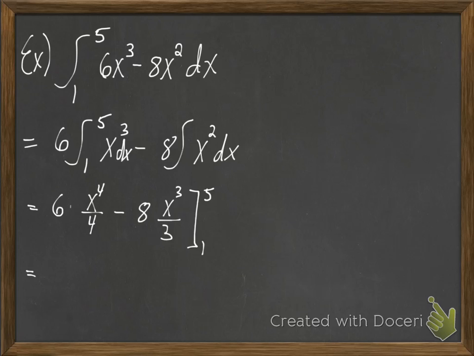So 6 and 4 would simplify to be 3/2. So, 3/2 x to the 4th. And that would be 8/3 x cubed, again evaluated at 5 and at 1.